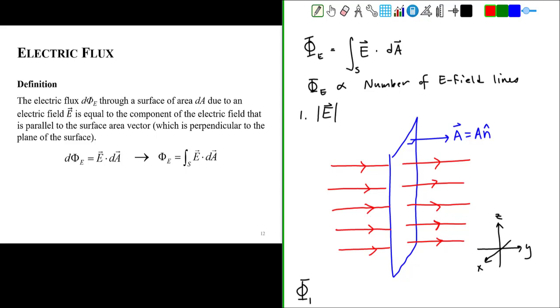So this is why we could say that electric flux is proportional to the number of electric field lines, and that proportionality is partially dependent on the magnitude of the electric field. The greater the magnitude of the electric field, the more field lines we have passing through the surface.